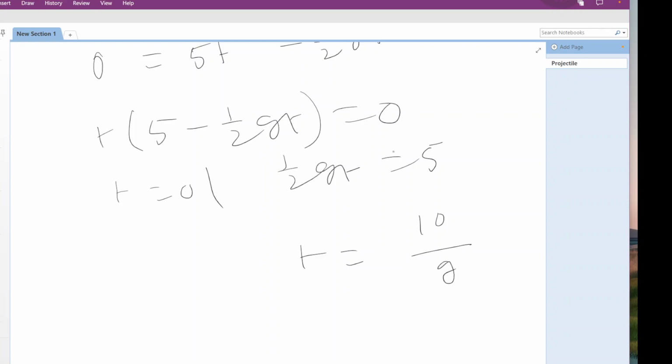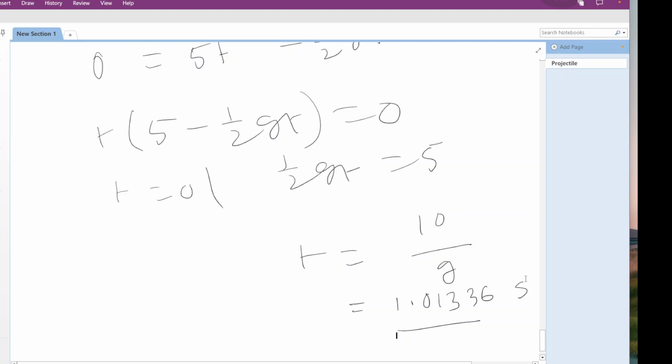Using the calculator, 10 divided by 9.81 is 1.01336 seconds.